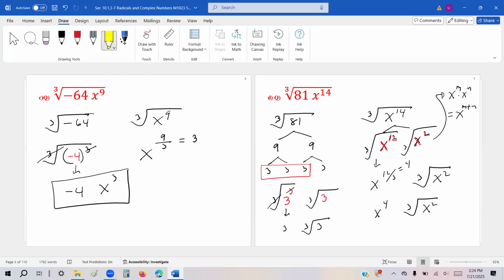Because our goal is to combine free with free and inside the radical with inside the radical. We're going to put them together. So the final answer is 3x to the 4 outside the radical, and we have the cube root of 3x squared inside the radical.